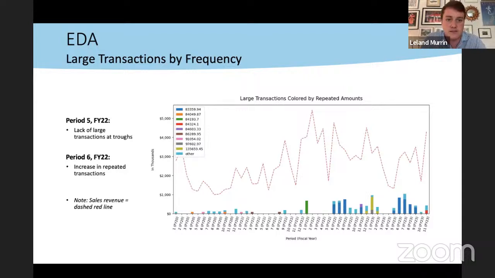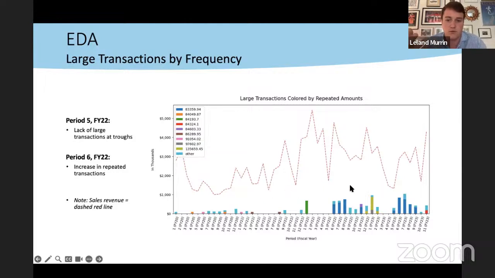Further with the analysis of large transactions, we looked at the frequency and mapped it out relative to the total transaction amount for two different periods that are really of note, right next to each other. Every time there's a trough in the overall transaction amount, there's a lack of large repeating transactions, as you can see from fiscal year 22 and period 11 of fiscal year 21.